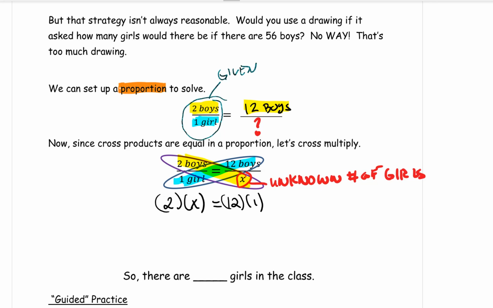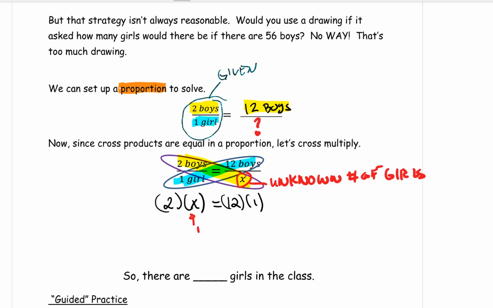So now, how do we solve for x? Well, one way of doing that one is, think of a number. So x is the number of girls, right?